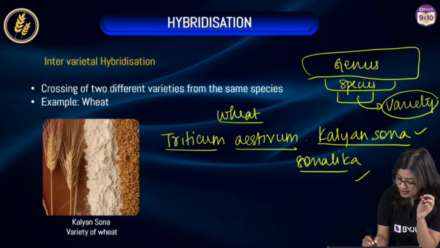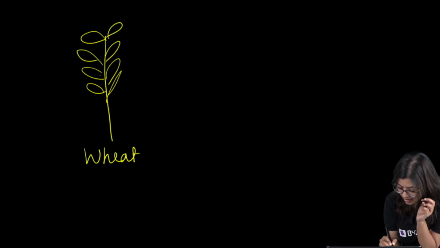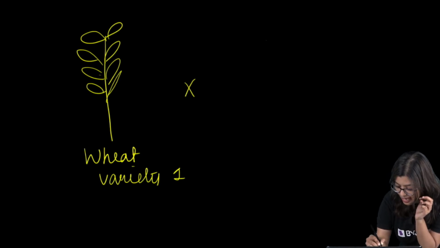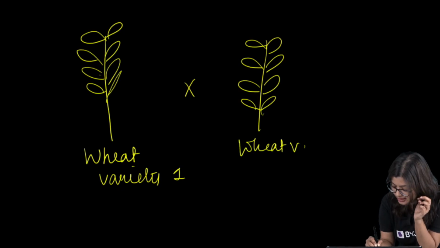Now, if I take, let's assume, wheat variety 1 and I cross this with wheat variety 2.